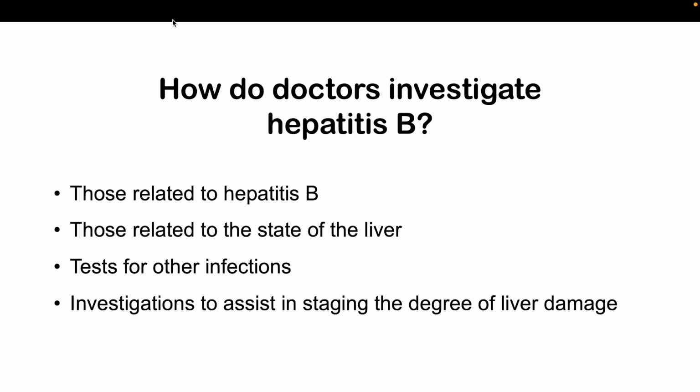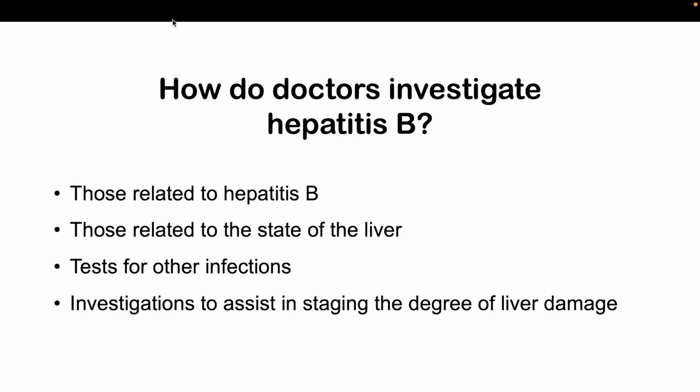I will take you through four aspects to this lecture. We'll look at the investigations related to the hepatitis B virus itself. The second part will be those investigations related to the state of damage to the liver.